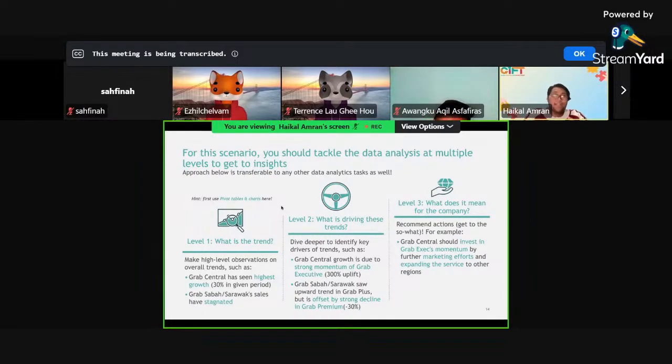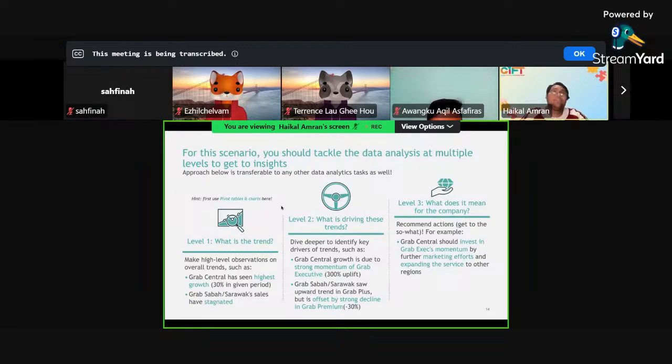Still, at the end of the day, the compilation will be done individually, but the data sharing, the data analysis, the Excel, please do it all together. In fact, as you list out the data analysis, you can bounce back ideas. Oh, actually, let's try to focus on Grab Central, for example. You can do the bouncing back of ideas to save time.